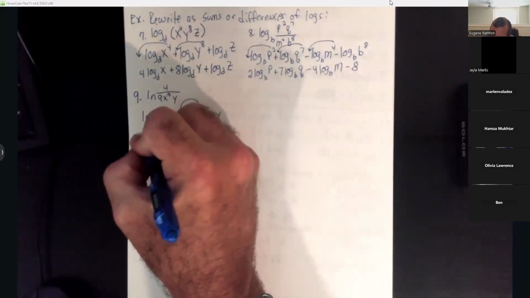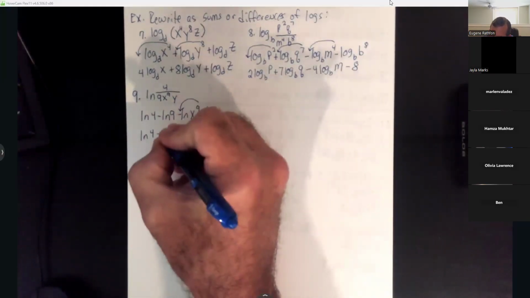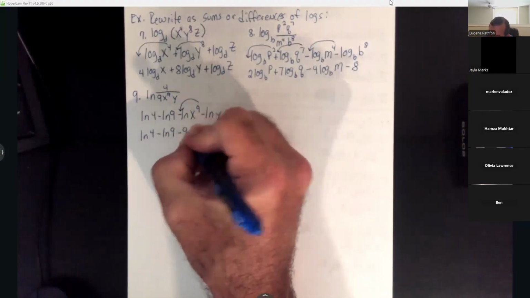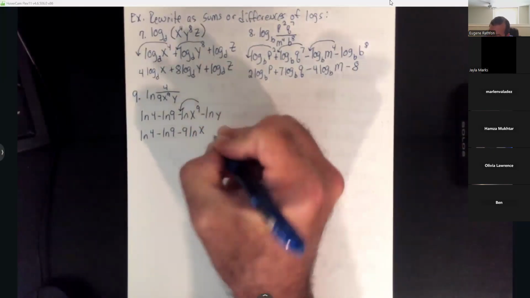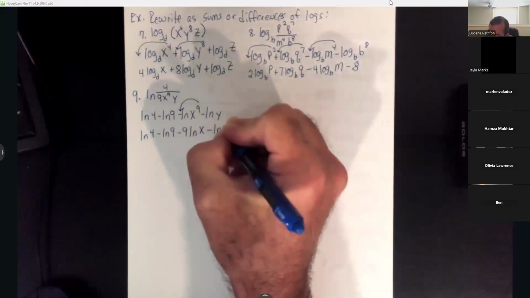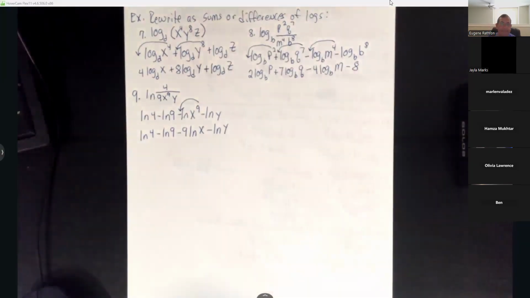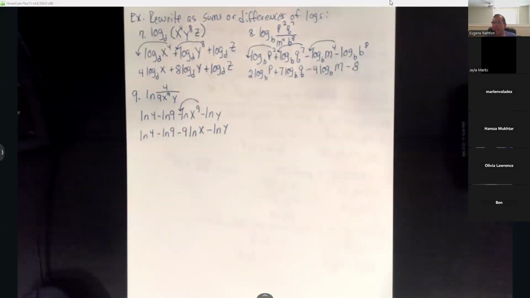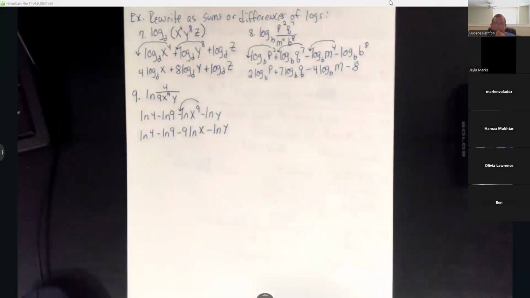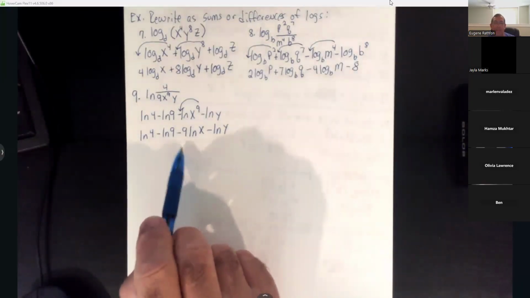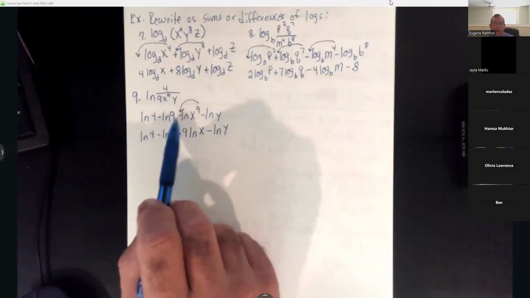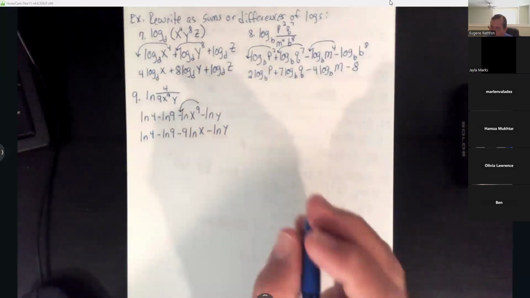So here comes my ln of 4 minus my ln 9 minus 9 times the ln of x minus ln of y. And y'all really, that's the thing you sort of got to watch out for. Am I simplified enough? Do I have exponents? And are my signs right, okay? Remember, factors on top are always positive. Factors on bottom are always negative, okay?